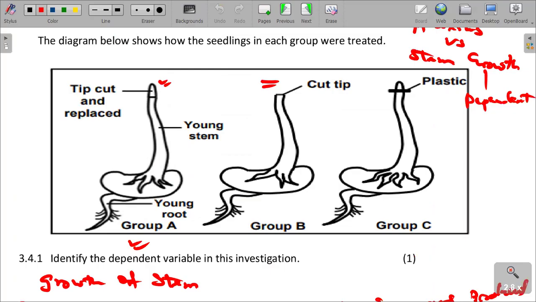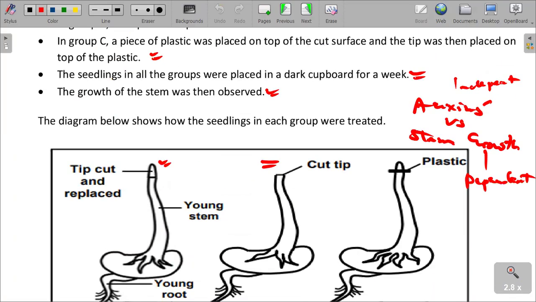So you see in A, the tip cut and replaced, we have the tip being present, tip replaced, here removed. On C again, it is removed because you see on C, the plastic was placed on top of the cut surface and the tip was then put on top of the plastic. Hence, this tip cannot attach. There is no attachment here.